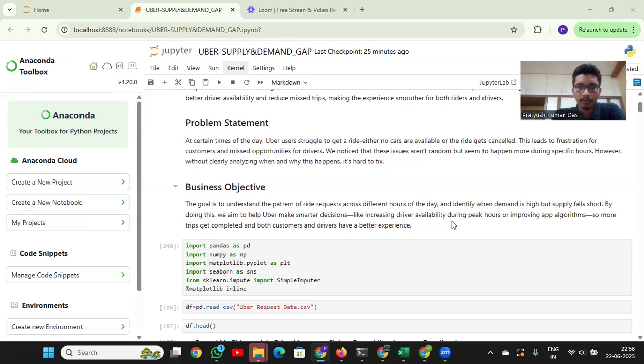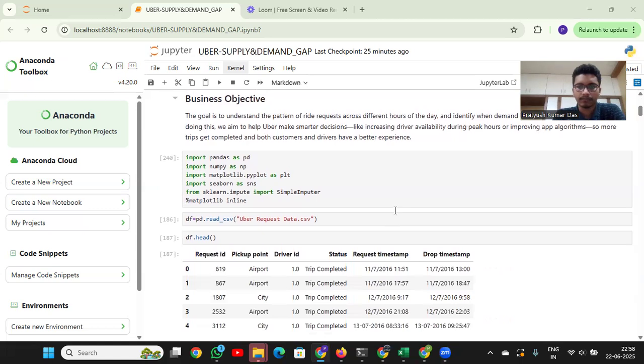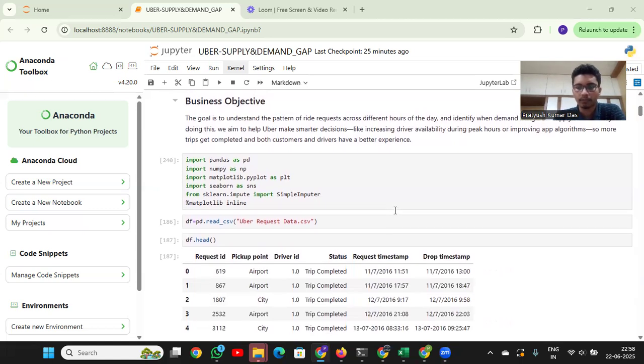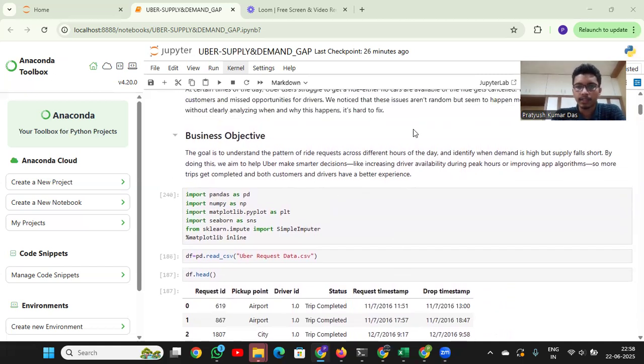It's clear that without analyzing such things, it would be difficult to fix what is hampering the progress of Uber in some localities. Coming to the business objective, our main goal is to understand the pattern of ride requests across different hours of the day and identify whether the demand is high or the supply is low.